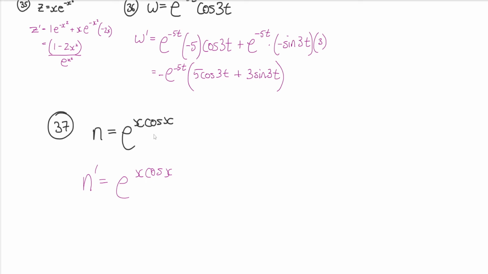The derivative of the inside. So the derivative of the inside here is a product. So let's do derivative of the first, which is 1, and then just the second, and then the original first, and then the derivative of the second. And so what do we get? And this is multiplied out front, right? Not in the exponent.